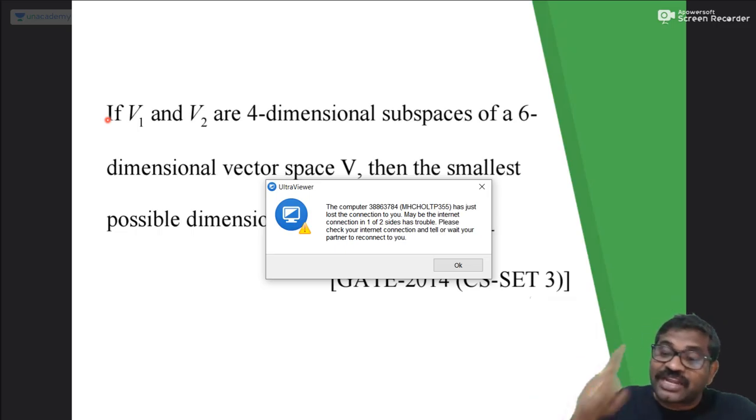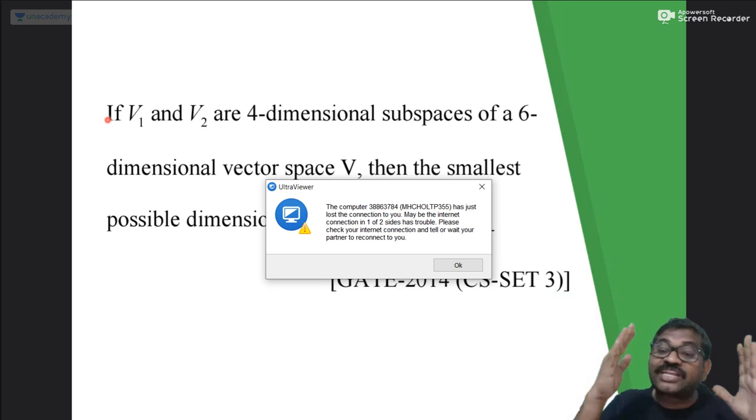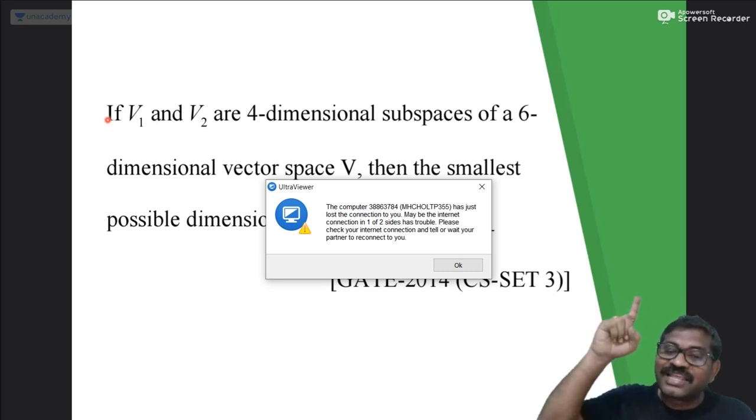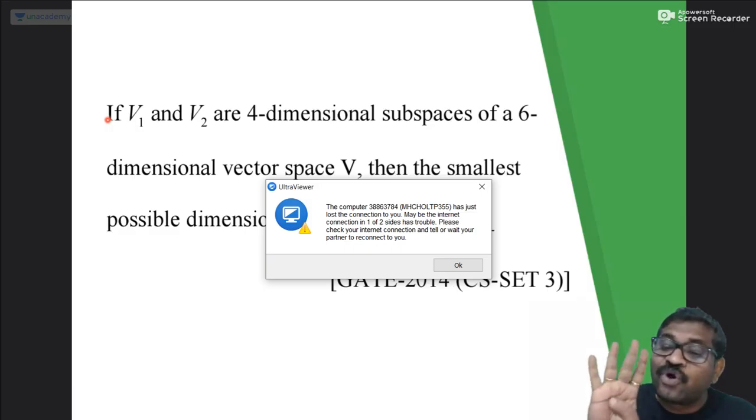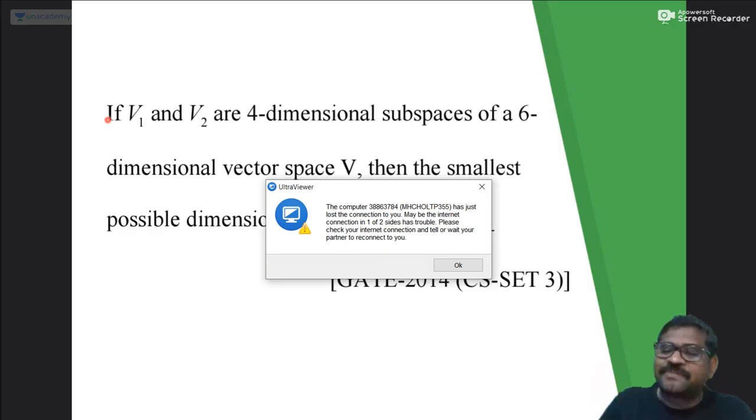So your vector space is six-dimensional, where V1 is a four-dimensional subspace and V2 is a four-dimensional subspace. Please concentrate. V1 has four-dimensional subspace means there are only four vectors in V1. Four, not R power 4.